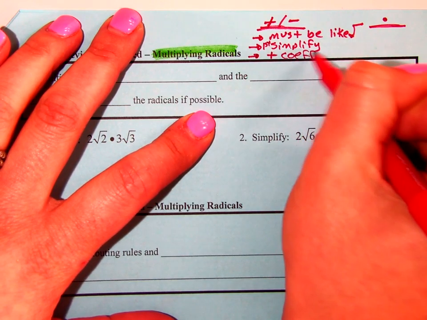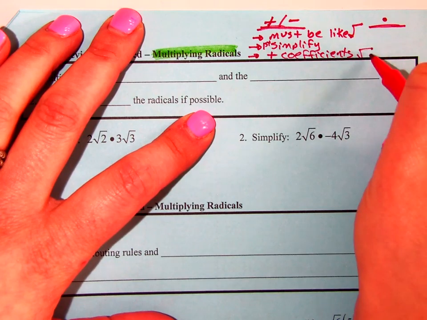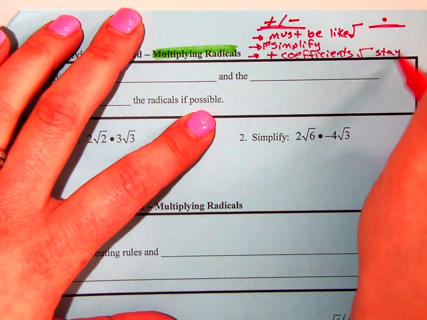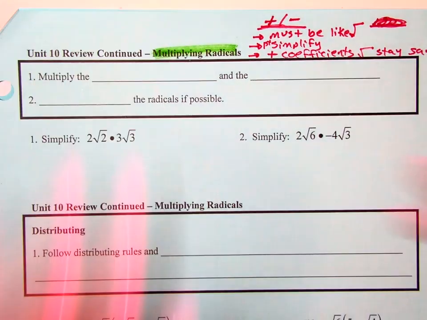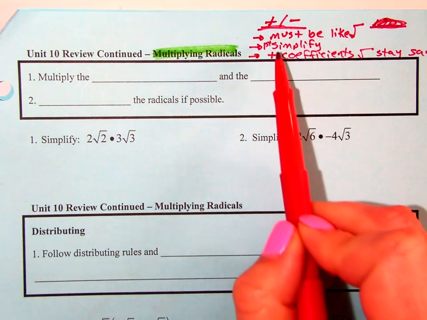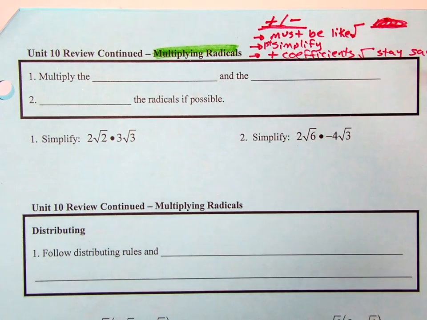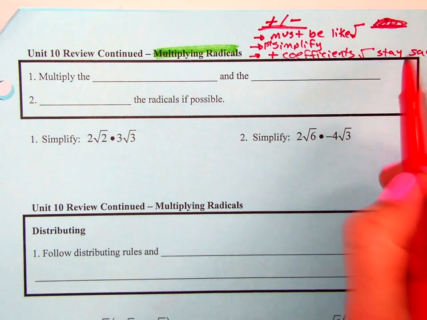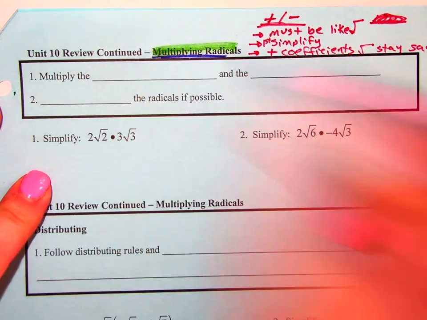The radical stays the same. All right, so I'm going to have to move this over, right? So this was the key thing: adding and subtracting, they must be like radicals. So in order to create like radicals, we simplify first, then we add or subtract the coefficients, but the radical stays the same. Multiplication is very different.